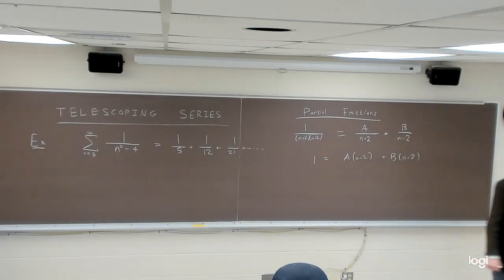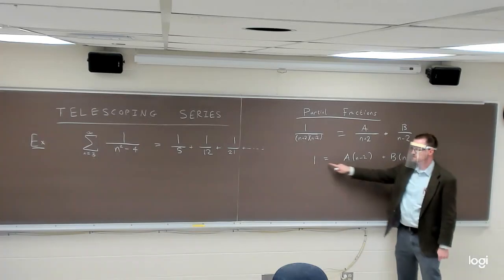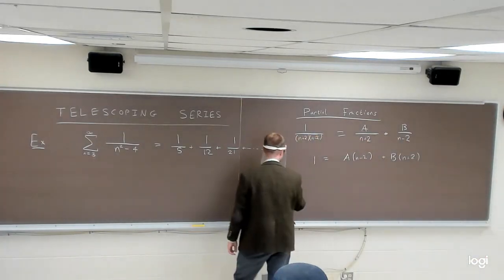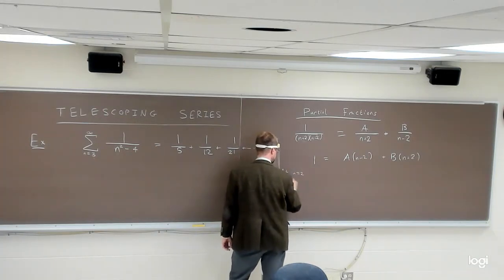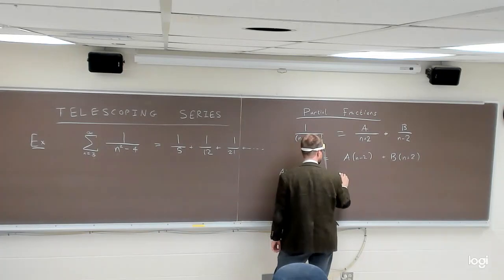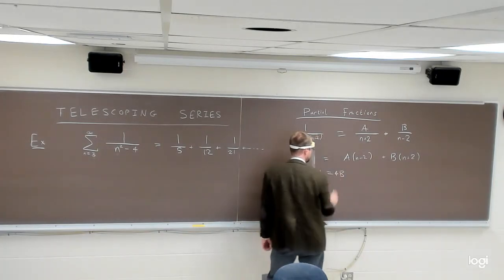What next? Anybody remember from like 6 weeks ago? Great, so we're going to evaluate both sides at n equals 2, and evaluate both sides at n equals minus 2. So at n equals 2, this equation says that 1 equals a times 0 plus b times 4.